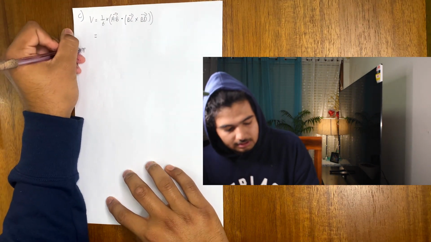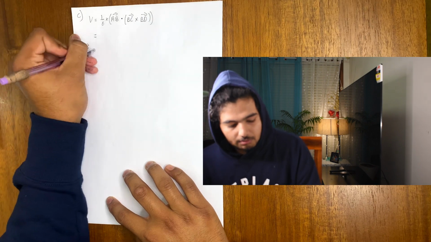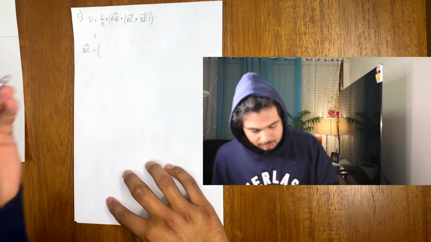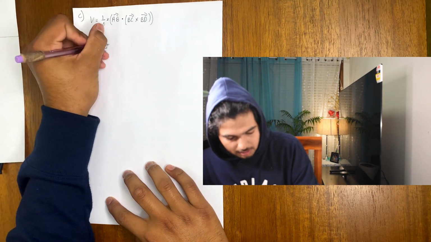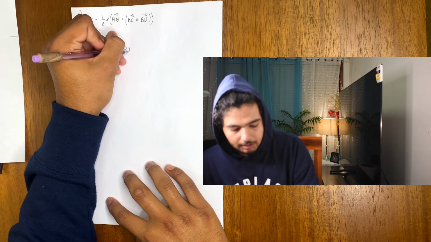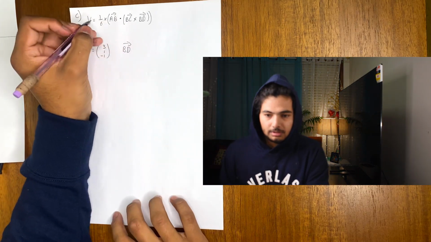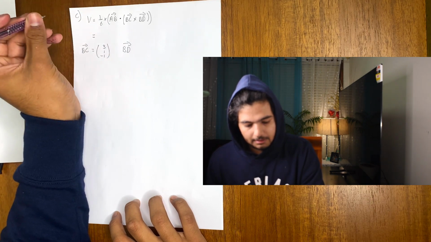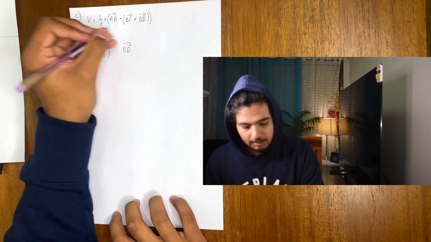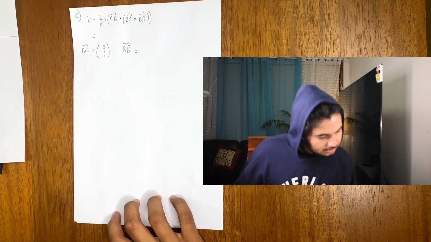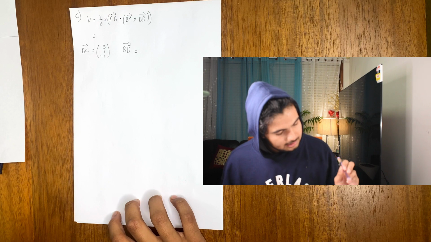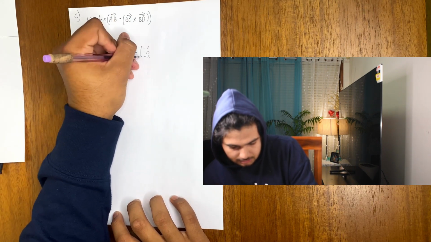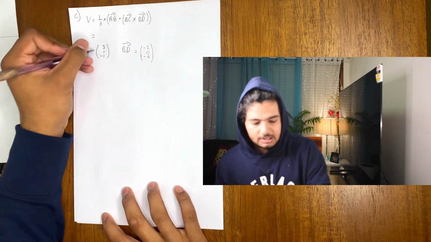Vector BC we figured out was 3, 1, negative 1, and BD in this case was negative 2, 0, negative 6. Take the cross product.